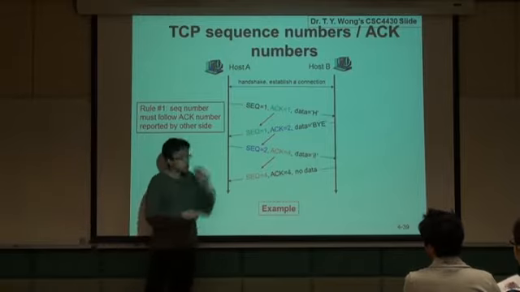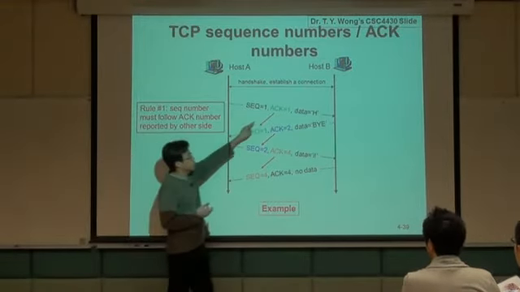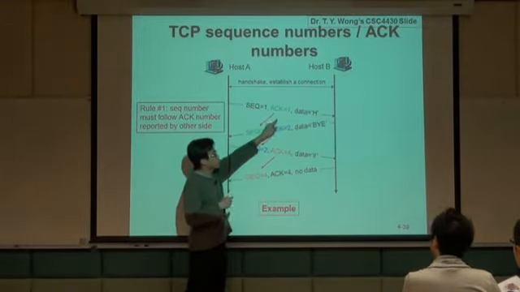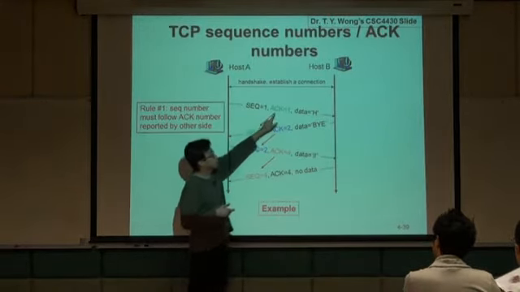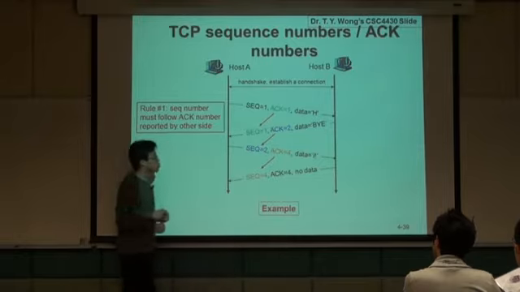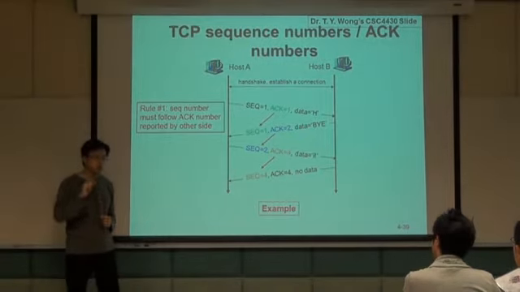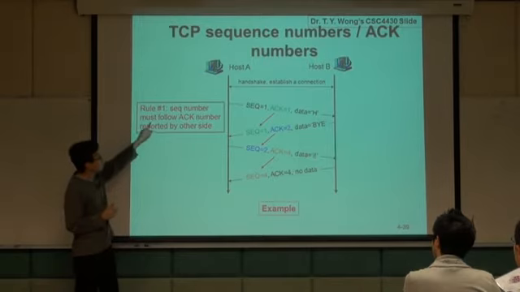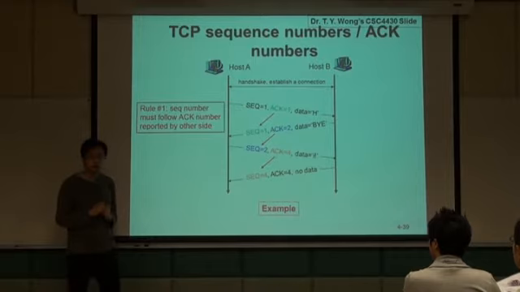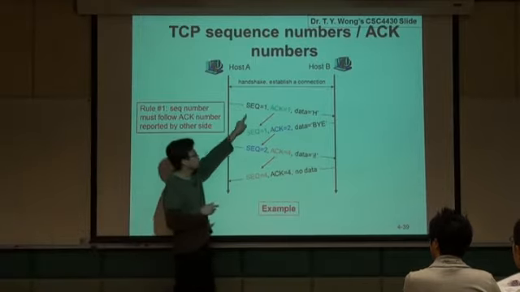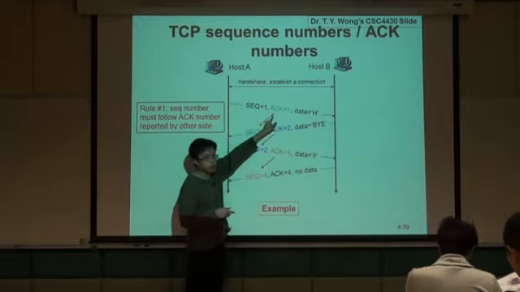If you lose a packet in the middle, I may want to repeat this number. For example, if this packet is lost, then I will still set the acknowledgement number to be 1, to make sure that you send me the byte starting with sequence number 1. So this sequence number must follow the acknowledgement number reported by the other side. You can see this rule in here.